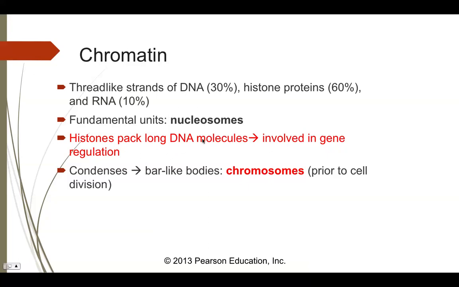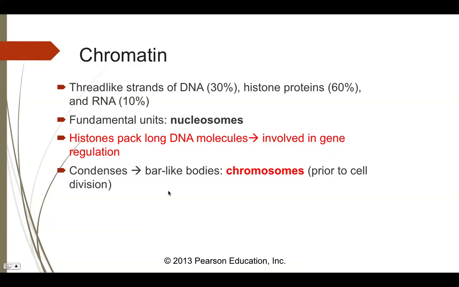Histones pack the long DNA molecules, as I mentioned here, and they are involved in gene regulation. So only certain areas of the DNA may be available at a time in order to reveal a certain gene region if the cell needs to use that to make a particular kind of protein.